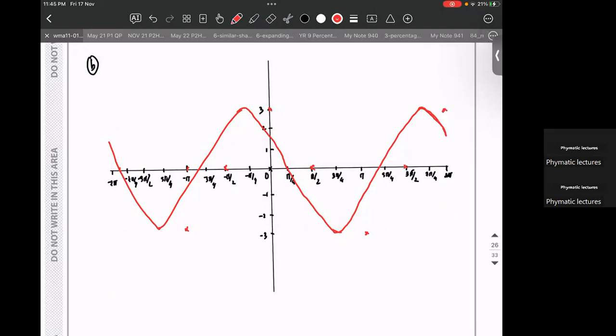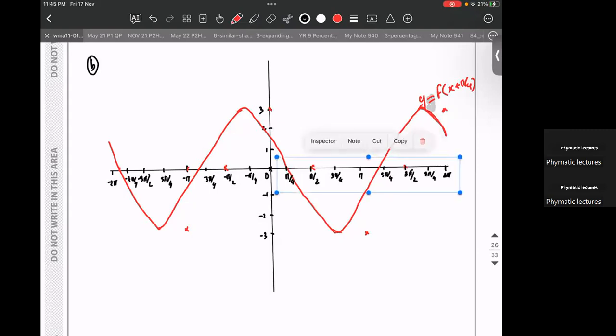We have drawn the graph of y is equal to 3 cos(x + pi by 4). And specifically, we need to show the intersecting points.